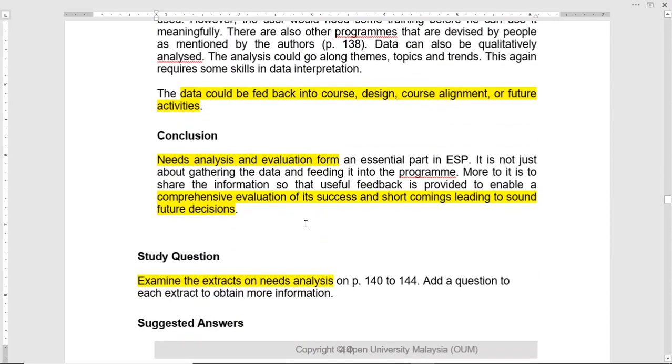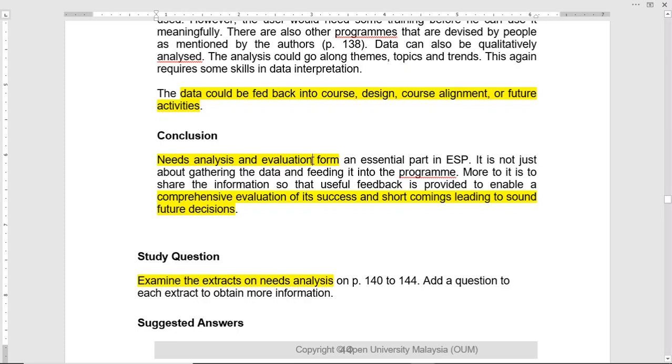So needs analysis and evaluation form an essential part of ESP. Actually, the evaluation form can also be part of needs analysis, but evaluation could also mean assessment and also program evaluation. Program evaluation is another set. Whatever you have offered, you evaluate it.